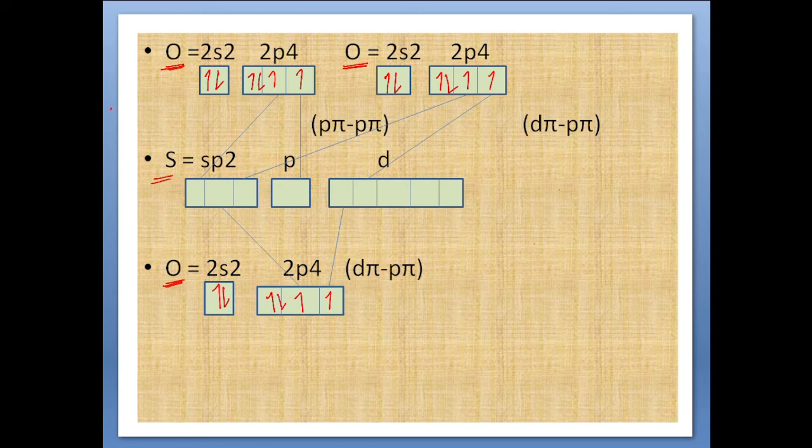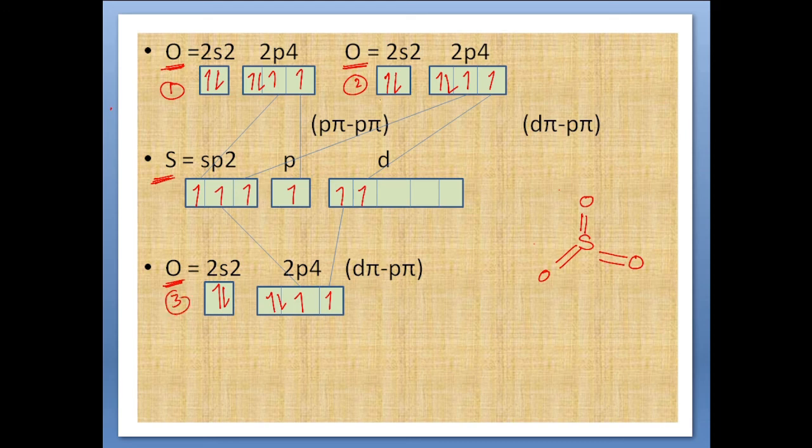And this is the sulfur central element. Sulfur contains 6 unpaired electrons: 1, 2, 3, 4, 5 and then 6. So here I am going to draw the sulfur trioxide molecule: one central sulfur element and 3 oxygen atoms. This is the first oxygen atom. For understanding purposes, I mention it like this.